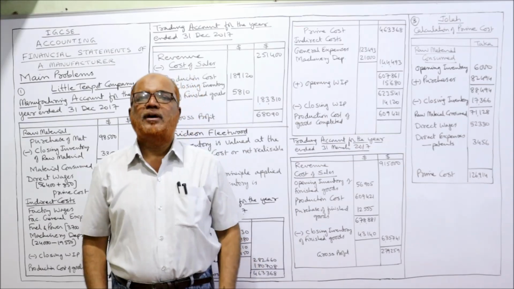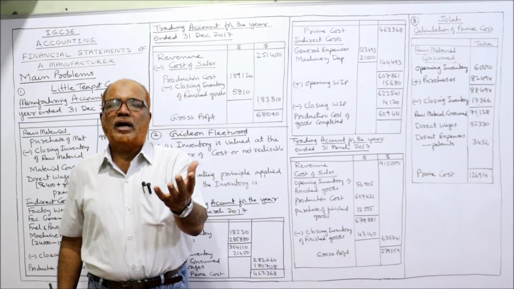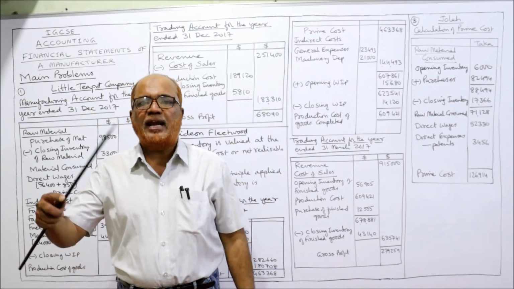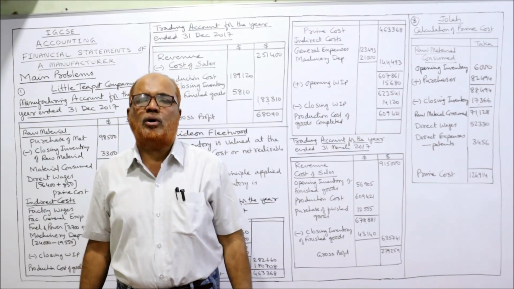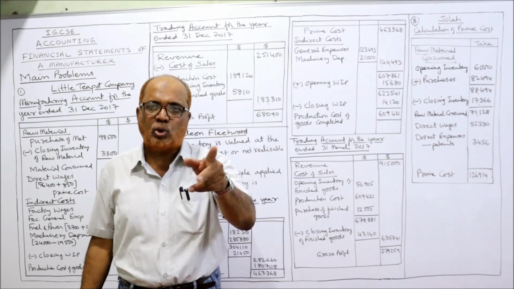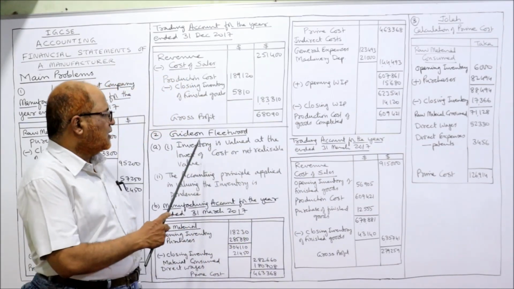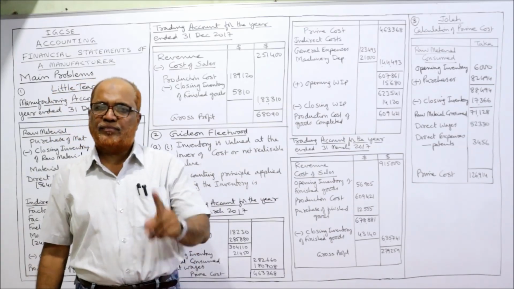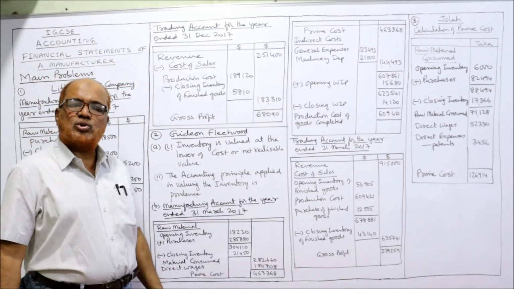Remember this point: the inventory will be valued at the lower of cost price or the net realizable value, or simply market price, whichever is lower. That is the principle. First question completed.